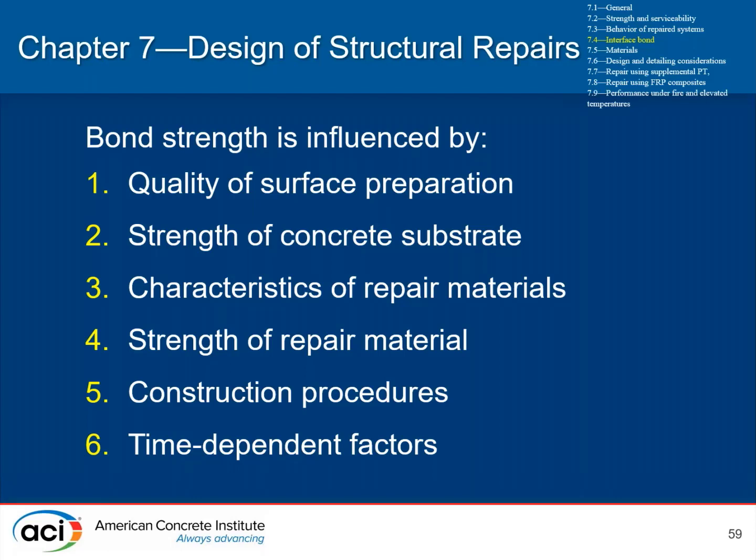The strength of the repair material, as mentioned, comes into play, but again, often is not the most critical parameter with respect to a structural repair, given that it has adequate strength for meeting the structural and durability needs.